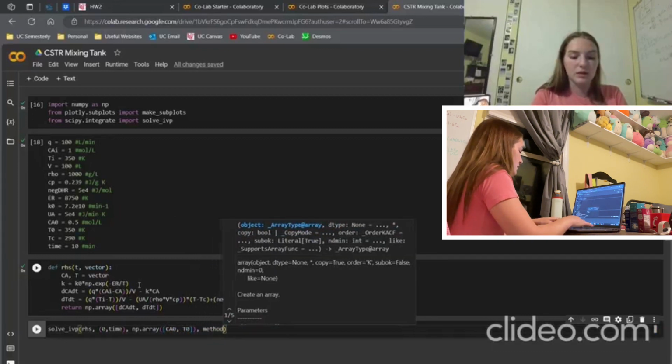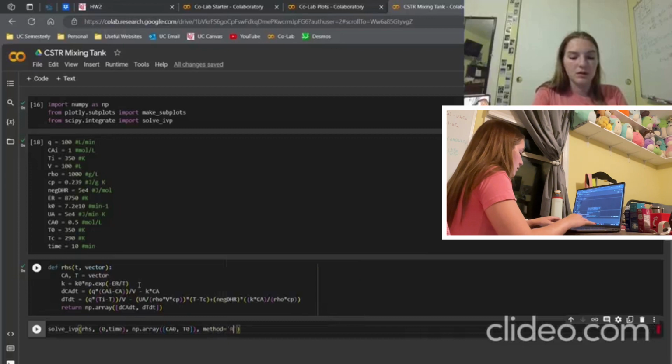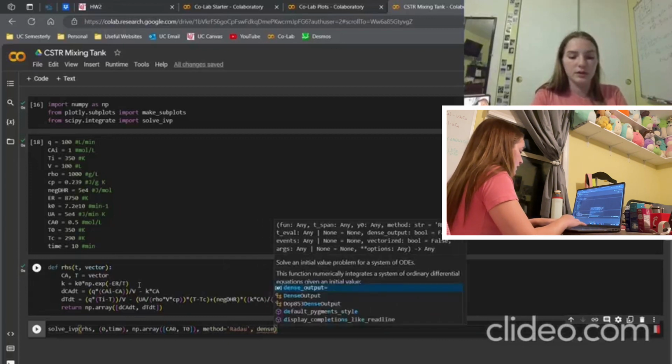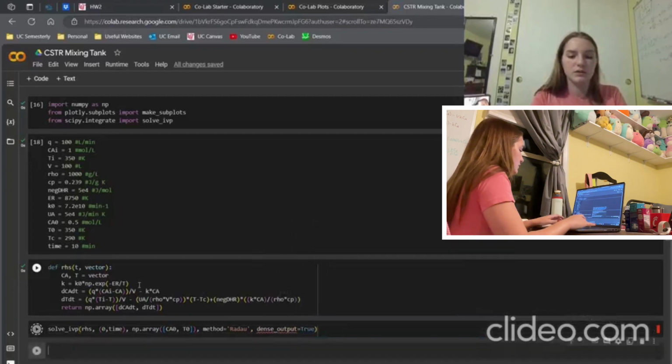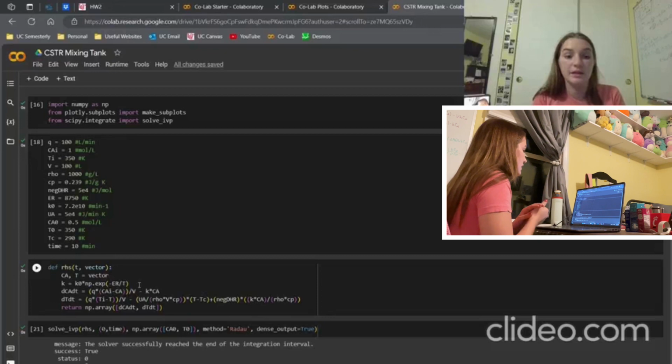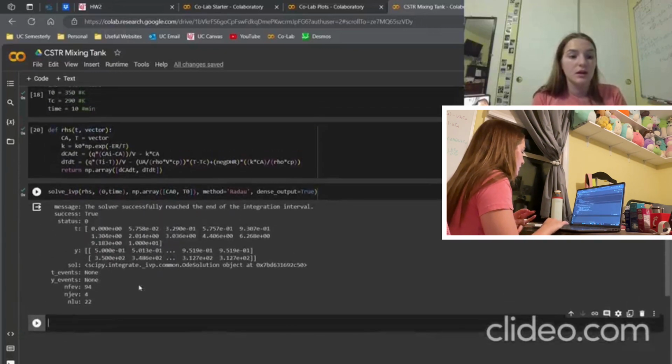We are going to use the method Radau, and then we need to have our dense output equal to true, so we can evaluate this equation at any time that we would like.